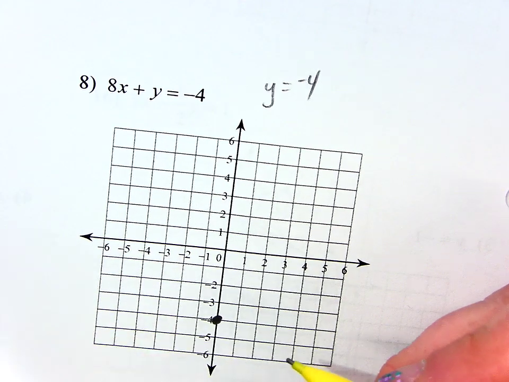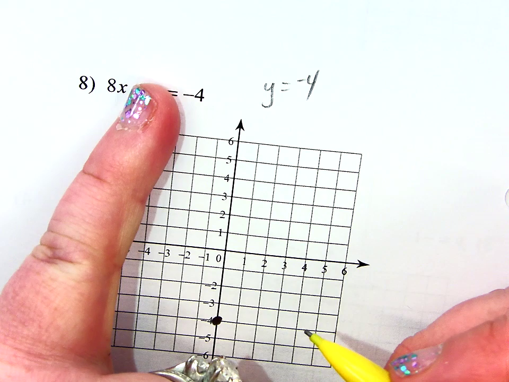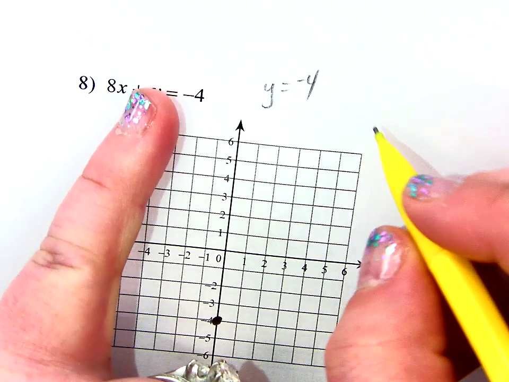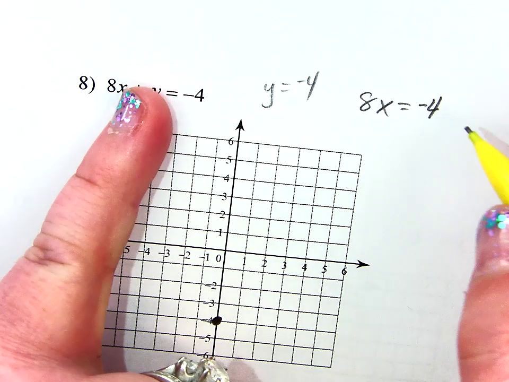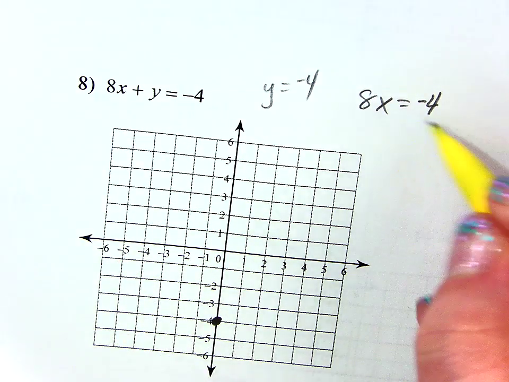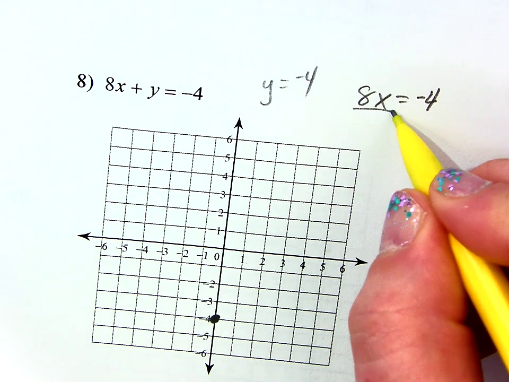Now I have to plug in 0 for y. So I'm going to cover up the y. And I know it's a little hard to see, so if you want to rewrite it, be careful. 8x equals -4, right? Well, I got to solve for x now. You're a step ahead of me.